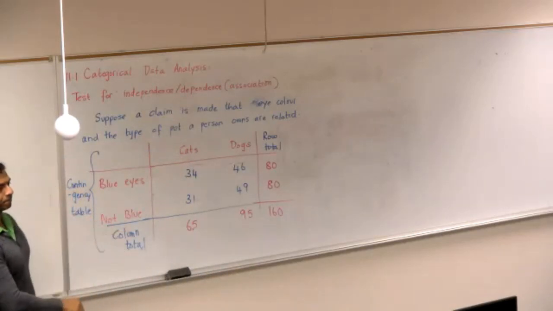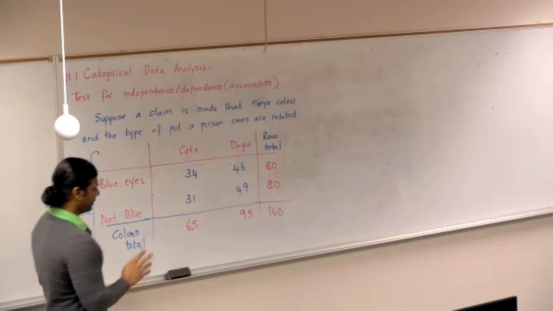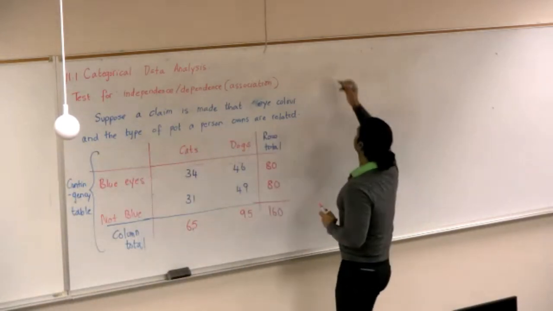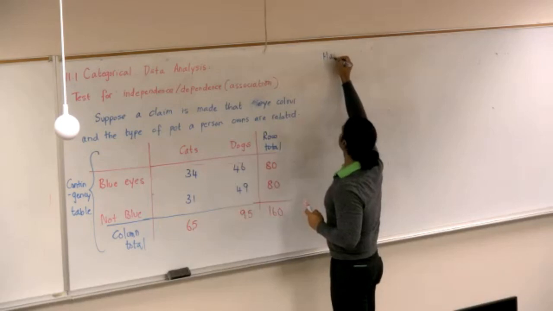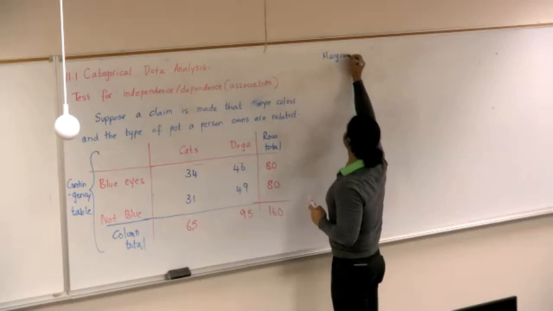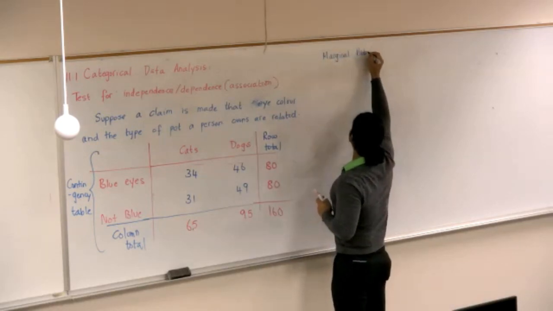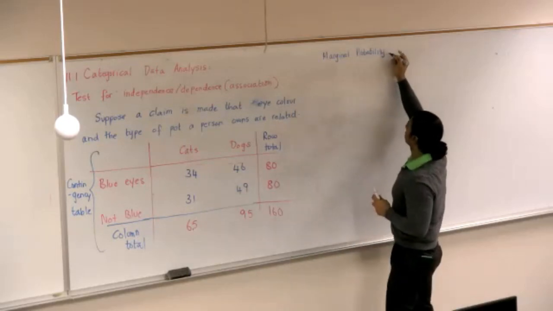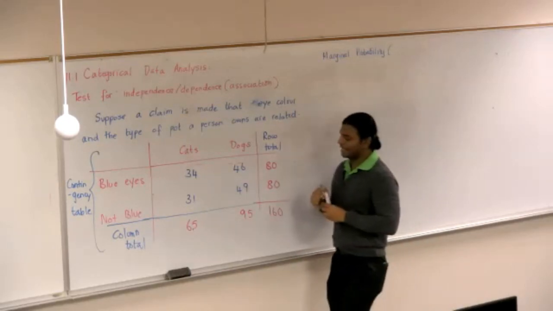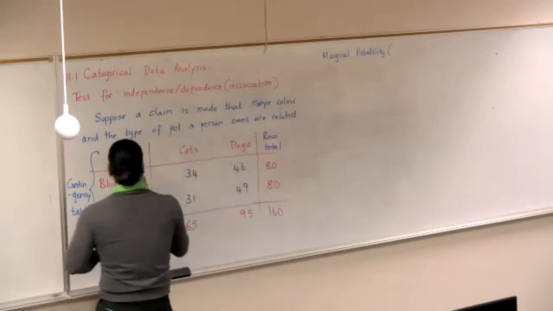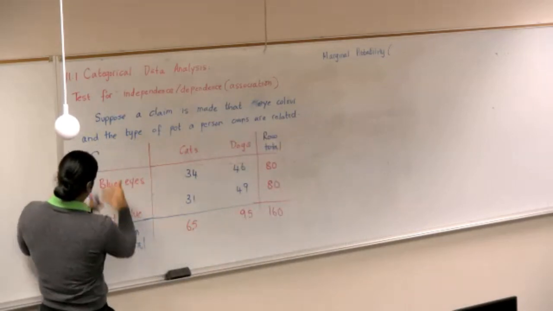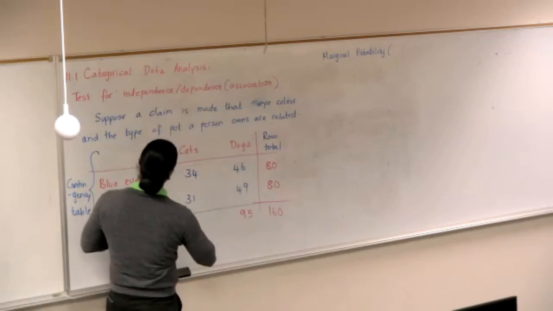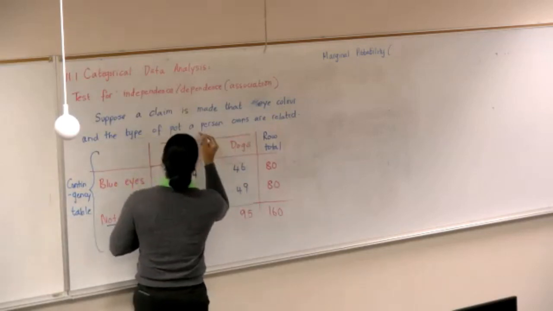Good so far? Now, we want to find something called marginal probability. We have two variables. The first variable is the type of eye color. The other variable is the pet that someone owns, so the type of pet.